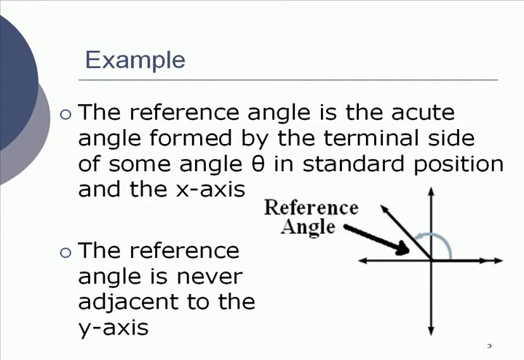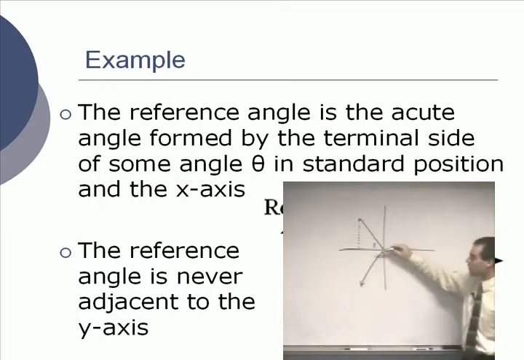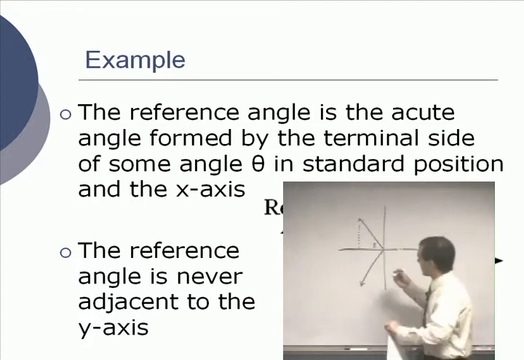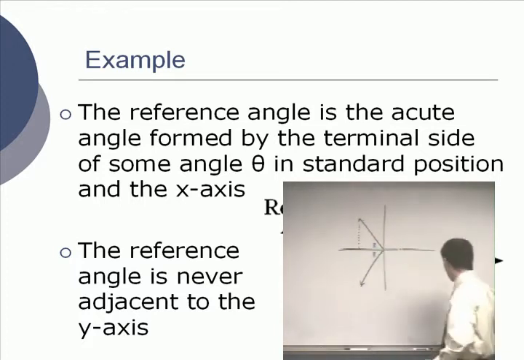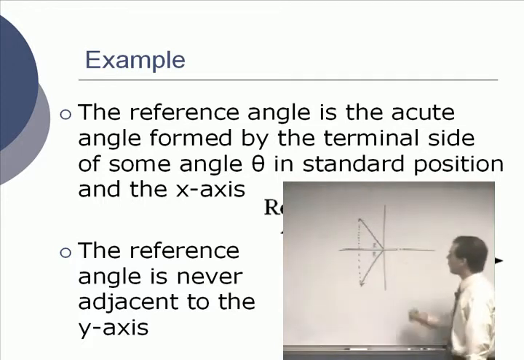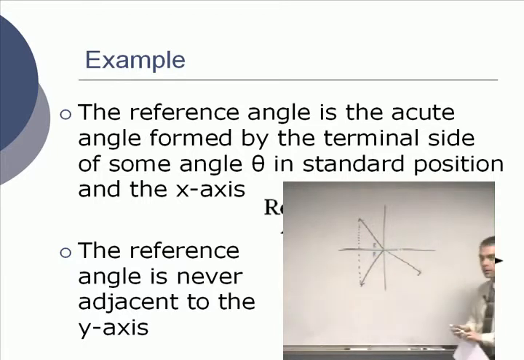If we had a reference angle in the third quadrant, say it was down here, would the reference angle be here in position 1 or here in position 2? It would be in position 1. The reference angle would be up here, and the reference triangle would be right there. What if we had an angle whose terminal side was in quadrant 4?